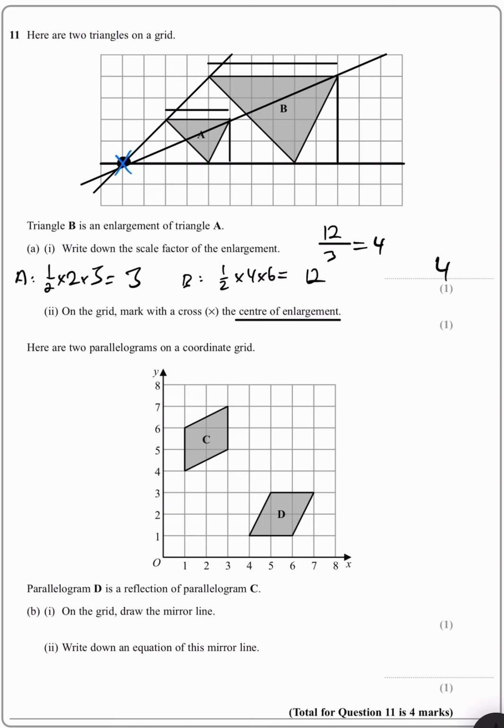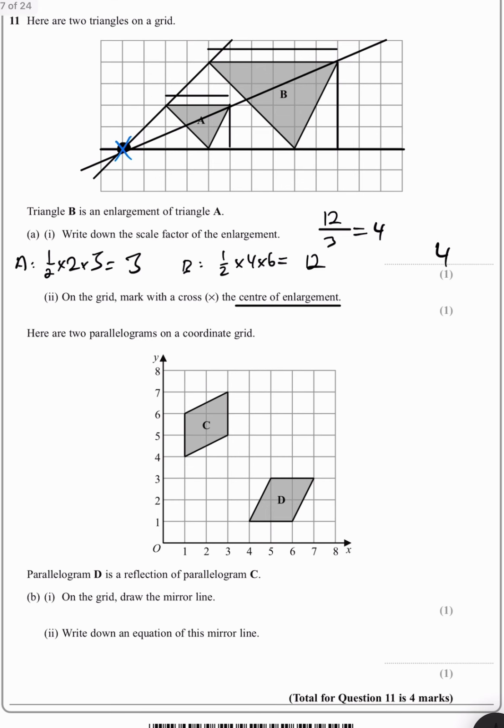Now, part B, it states that here are 2 parallelograms on a coordinate grid. Parallelogram D is a reflection of parallelogram C. And it says in part 1 for part B, on the grid, draw the mirror line.